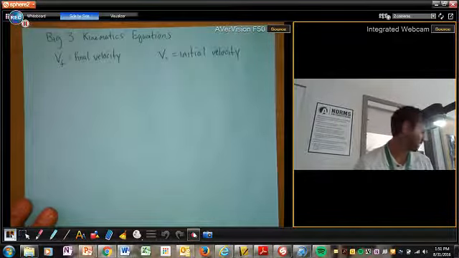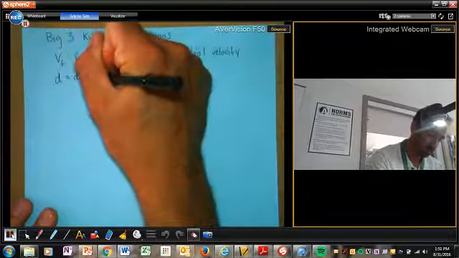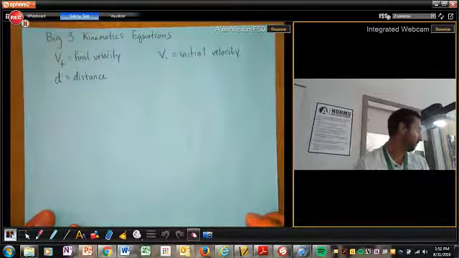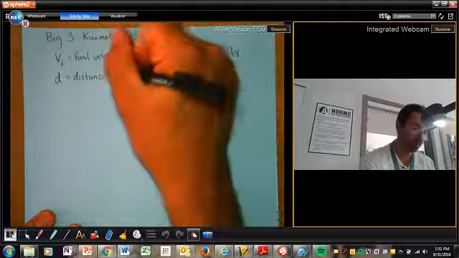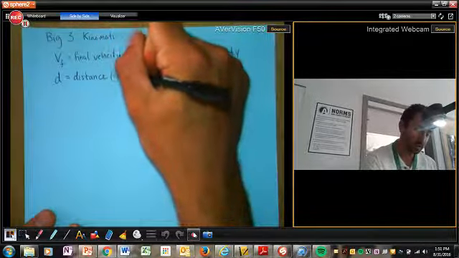We're also going to have d, which is equal to distance, or you could also say a change in distance. That's what that triangle means.